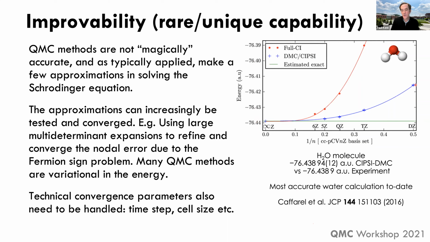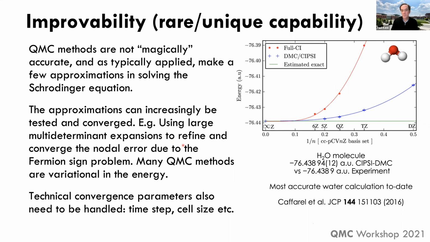And here we see the results from the diffusion Monte Carlo, and this is basis set size, so it's convergence moving to the left, and that's done and extrapolated. And I think this might still be the most accurate calculation of the water molecule that's been done. So we see an agreement to lots of digits with the experimental formation enthalpy.